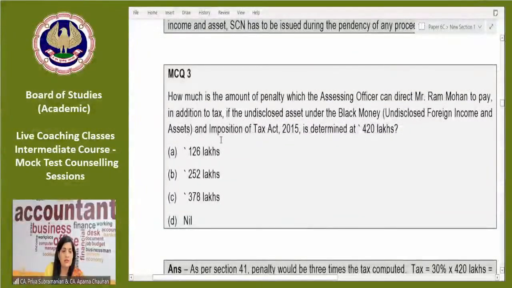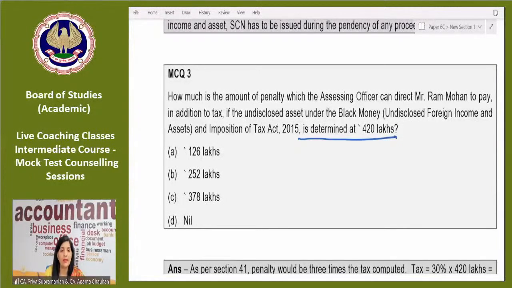The next MCQ is also based on the same facts. How much is the amount of penalty which the assessing officer can direct Mr. Ram to pay in addition to tax if the undisclosed asset under Black Money Law is determined at 420 lakhs? This value they are already giving you. Penalty is leviable under section 41.